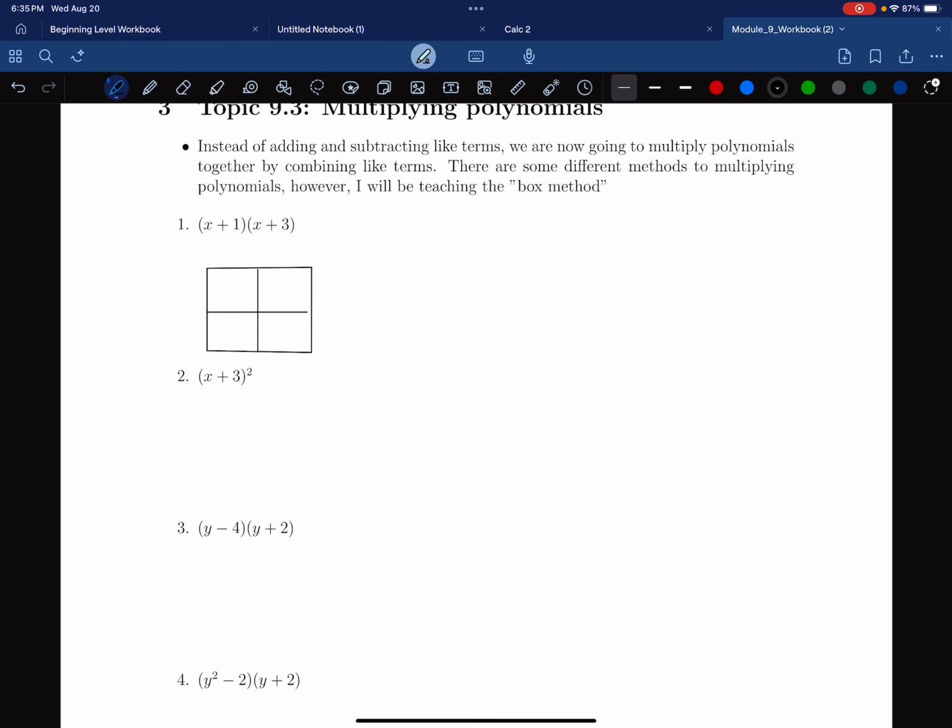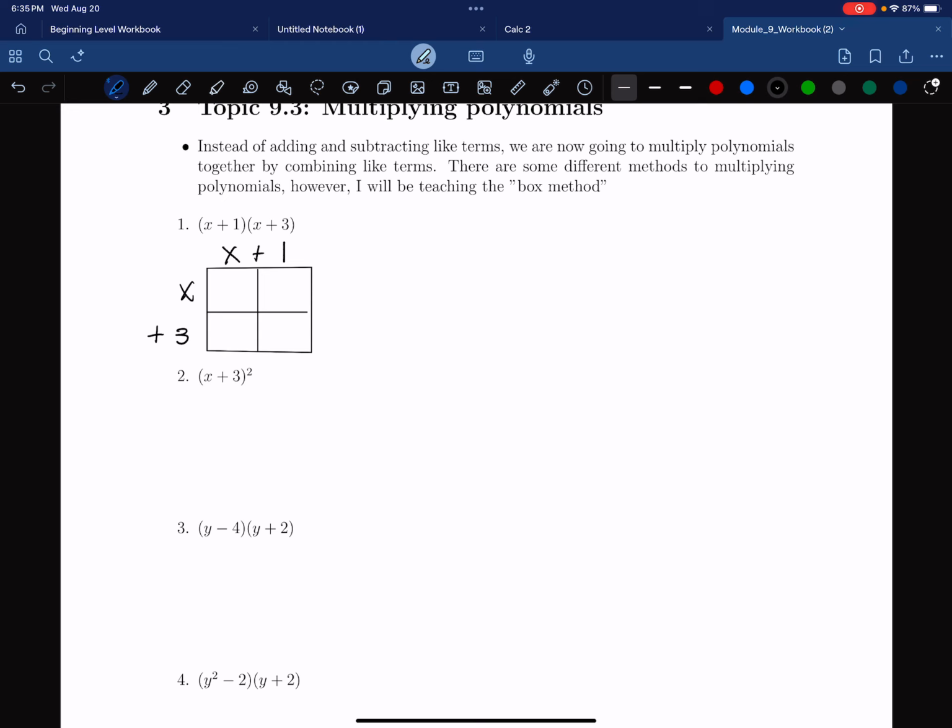Now, above this box, I'm going to take this binomial here, x plus 1, and transfer that down here. So what that's going to look like is x plus 1. And I'm going to transfer this binomial here, this x plus 3, down over to this side of the box. So I'm going to do x plus 3.